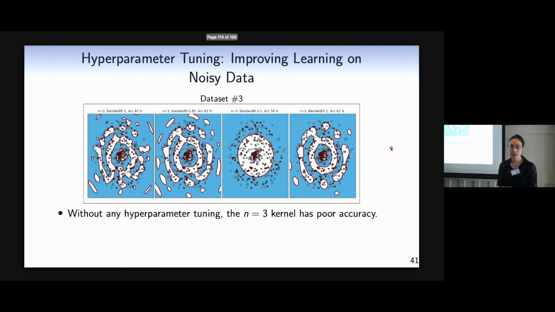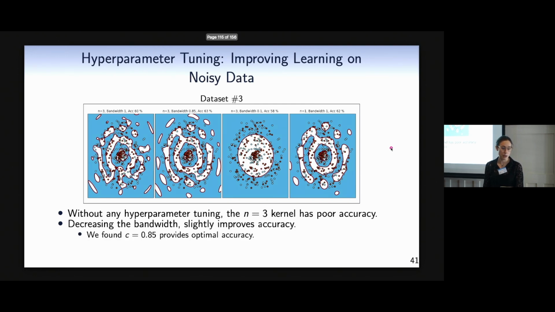On the flip side, if you've got very noisy data, again, this is on data set 3, that's about as noisy as you can get before it's just randomly guessing. The n equals 3 kernel has poor accuracy, they all do. But if you decrease the bandwidth, you do get slightly improved accuracy, from 60 to 63%.